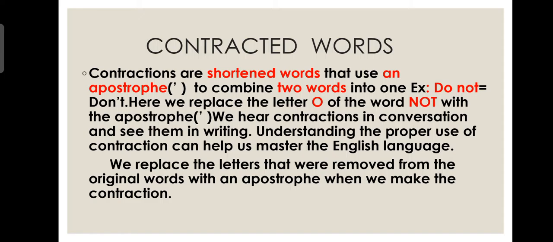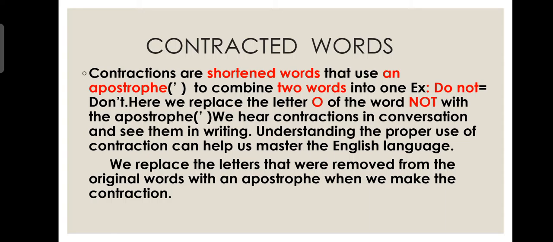That is, we use contracted words both in spoken English as well as in written form. So understanding the proper use of contraction can help us master the English language. So contracted words are very useful both in spoken and written English.